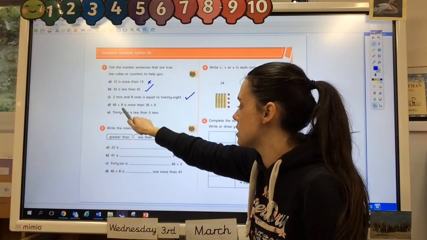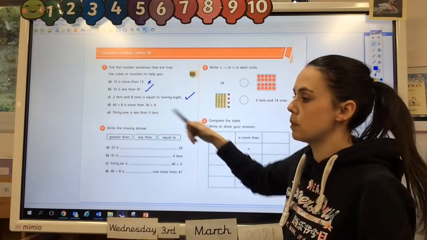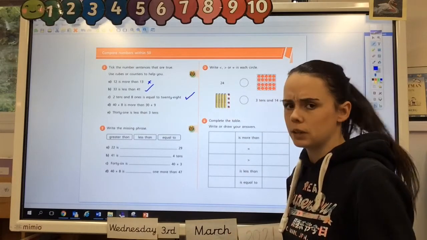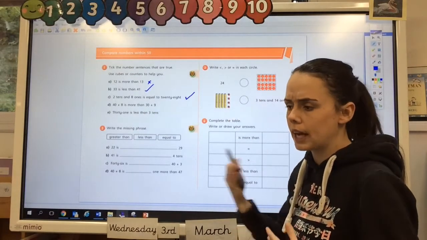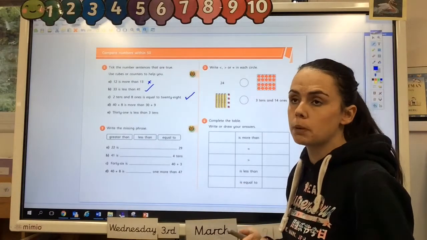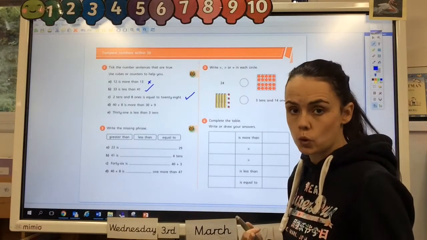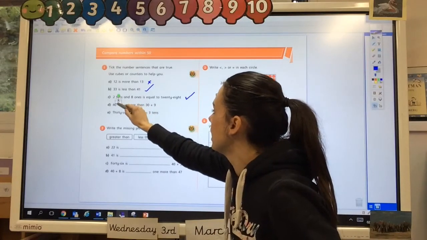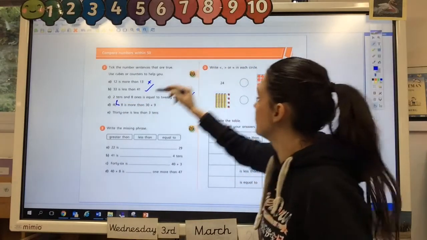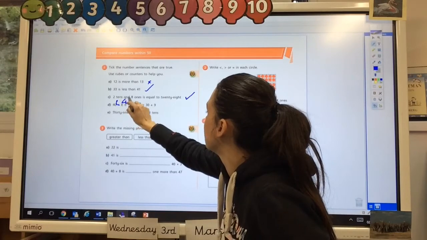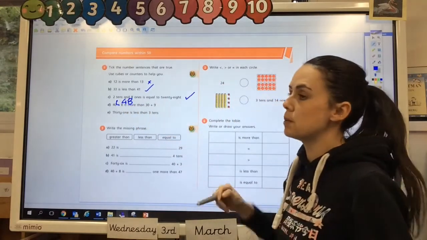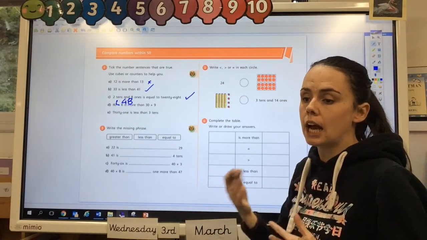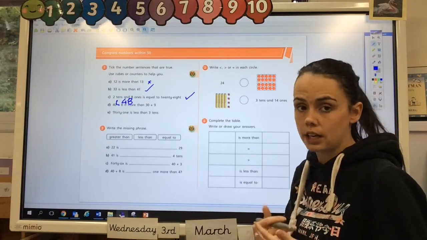40 plus 8 is more than 30 plus 9. Oh, that's complicated. Let's work it out from the beginning. So 40 plus 8 is 48. So I'm going to write 48 up here so I don't forget. 48. And 30 plus 9. So 30 and 9. 39.